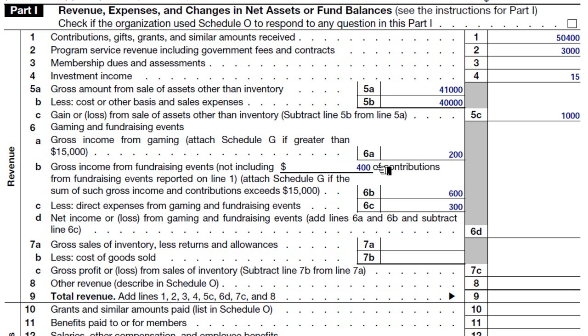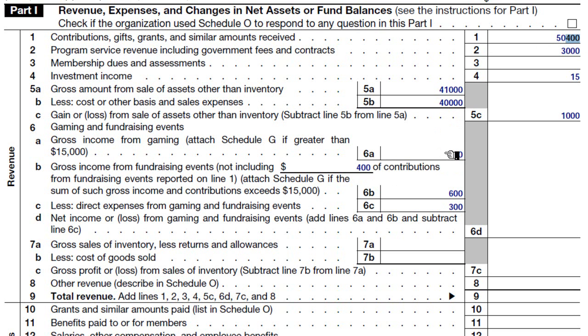Now the $400 does not add in anywhere on line 6. The $400 goes right up here on line 1 as a contribution. We just put it here on line 6B because it's just a notation letting people know that the fundraiser did generate some contributions which are included up here.